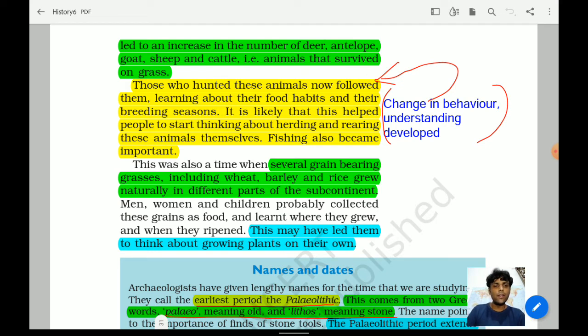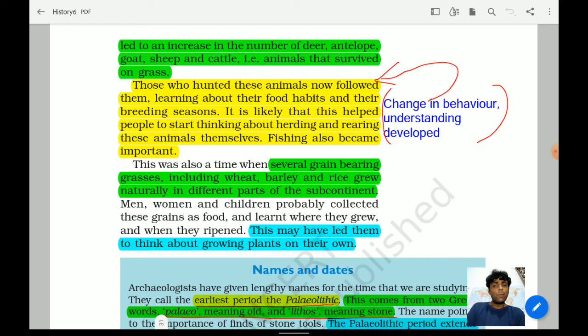We have already understood that for the hunters and gatherers it was important to have animals, animals which could be easily available in the grasslands. Now the environment has changed. There was a good availability of grasslands, so the deer and antelope must have survived and multiplied.